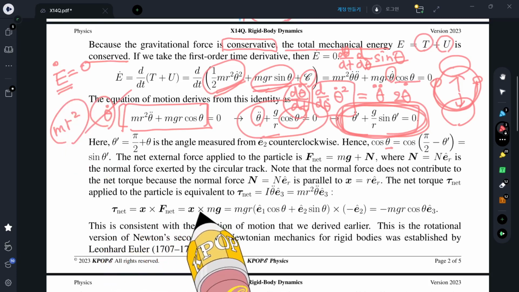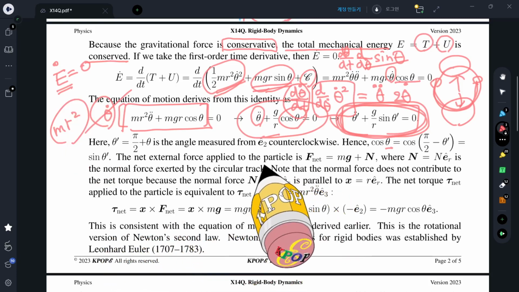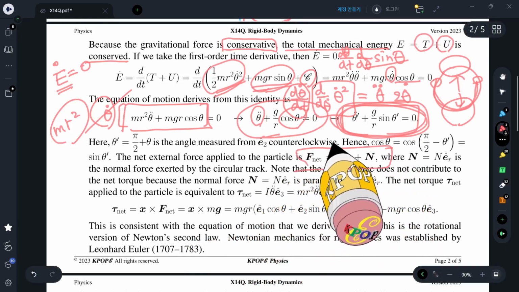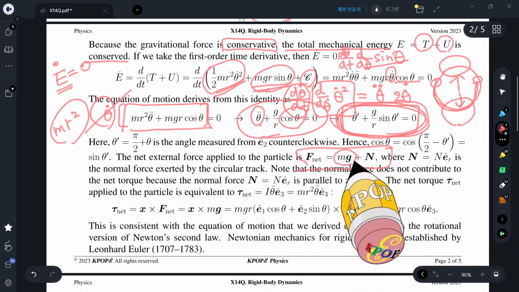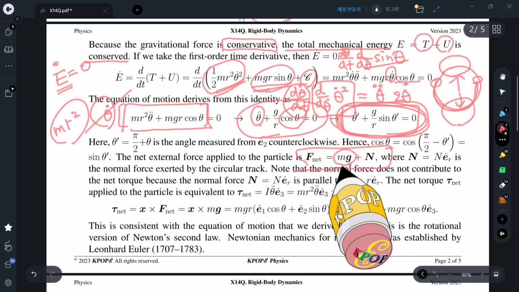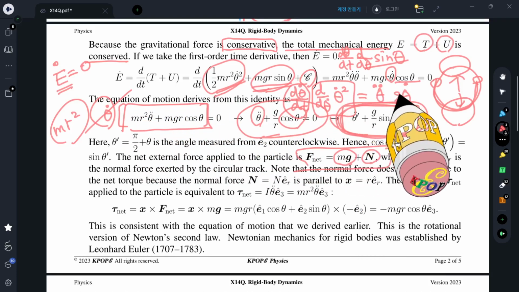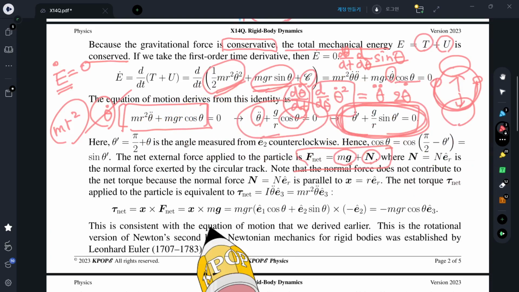Okay, anyway, this is nothing but the net force equation. This net force comes from the gravitational force, and that net force comes from the normal force. All of the contributions have been merged into a very simple energy conservation equation.